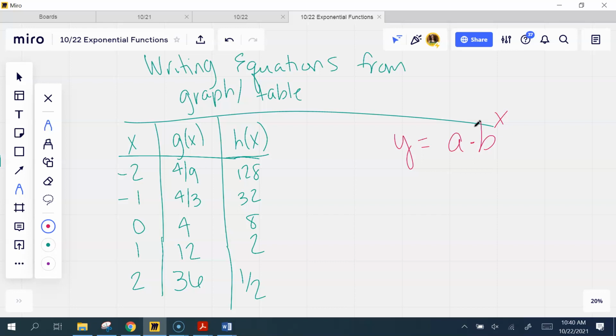Ready? I'll take that as a yes. Well, that's the first thing I want to ask you. So I'm going to start by telling you that these are exponential. How can you tell?